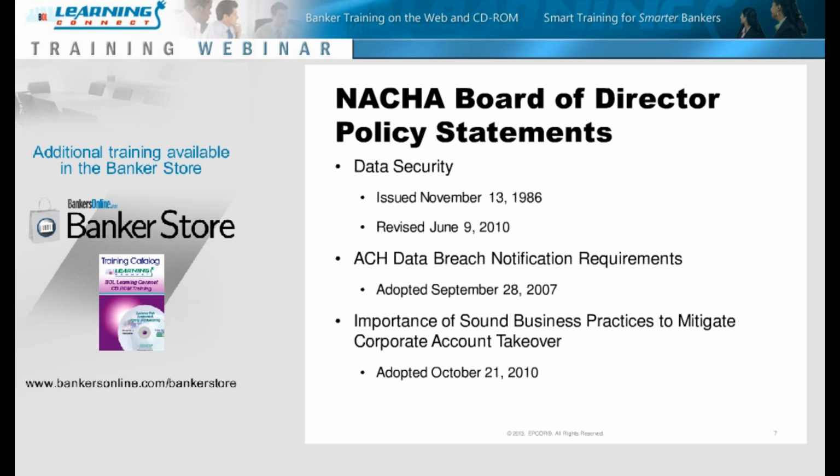And so the first time anything was issued on data security, again, was in 1986. That was revised in 2010, and now in 2013 they have decided that the policy statement is not necessarily good enough. We do need to implement some rules around this.